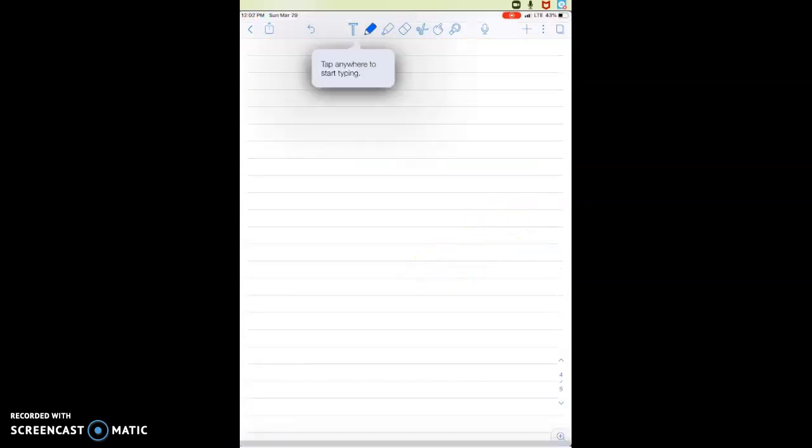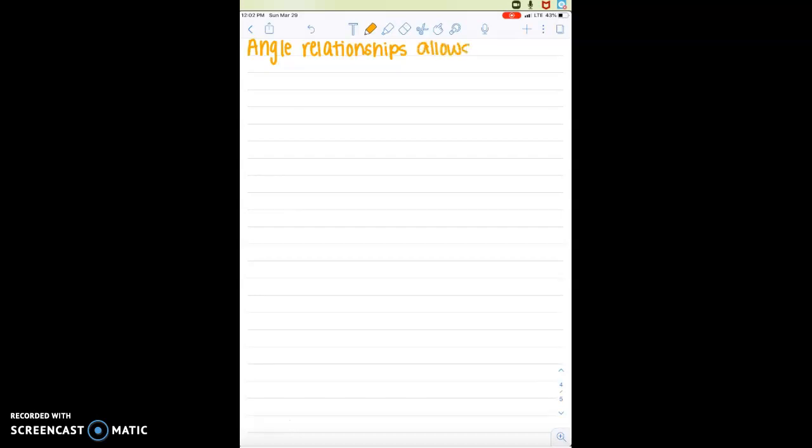So the next thing, we are going to be writing this down, and I know it's going to be a little bit to write down, but it's okay. And it is that angle relationships are going to allow us to determine unknown measurements. So all that means is by understanding that vertical angles are congruent, you're able to find the measurements of other unknown angles.